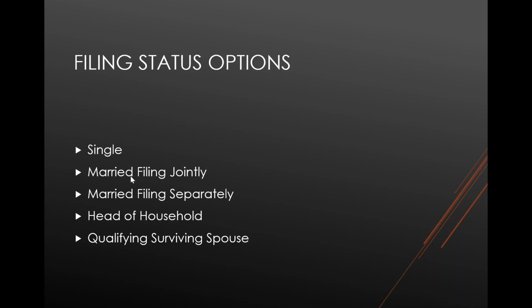If a person is married, three options are there: he or she and the spouse can file a joint return by choosing married filing jointly, and also they can file separately by ticking the option married filing separately.